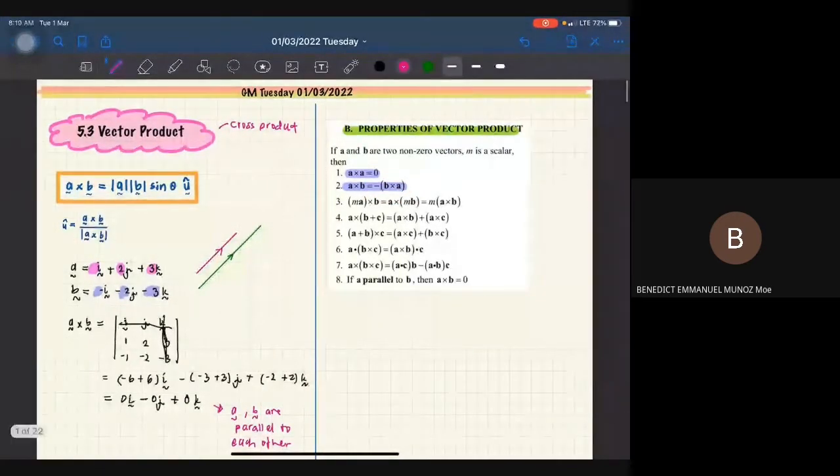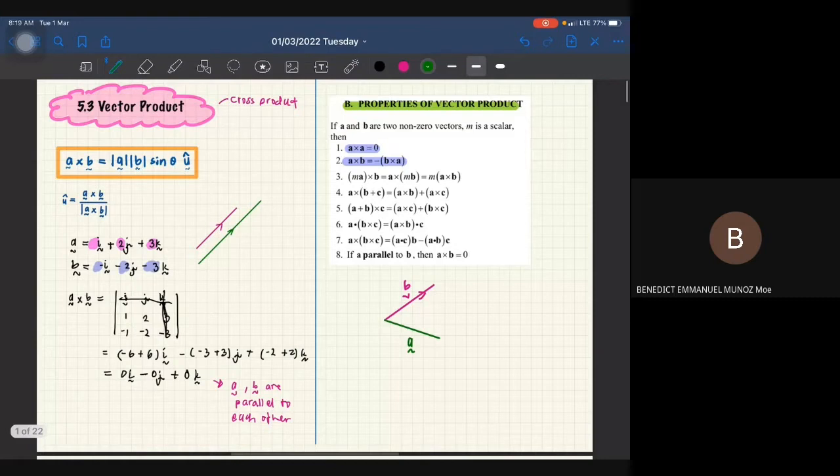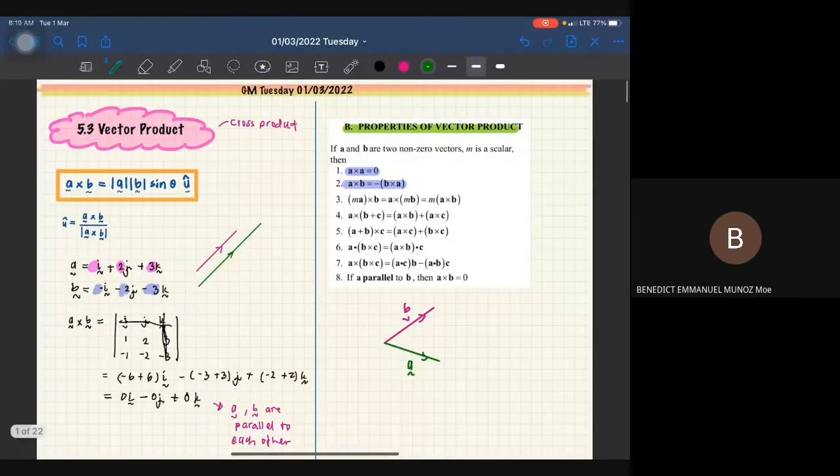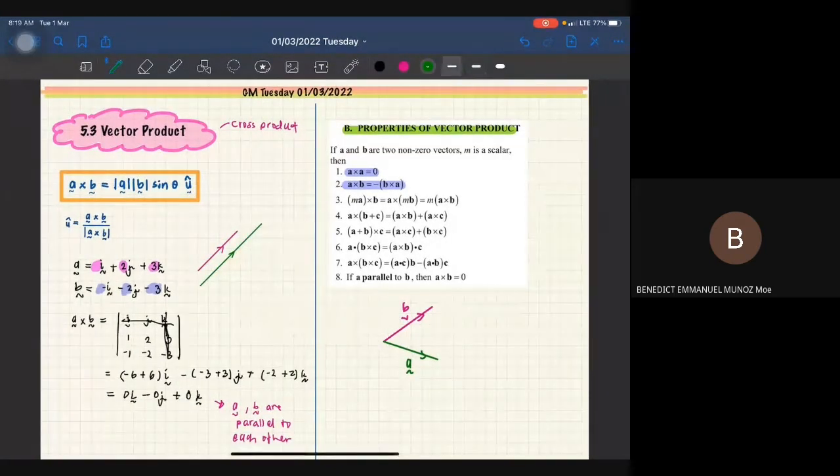Okay, so contohnya kita ada this one. Bawah ni adalah B, atas adalah B. Kalau kita gunakan rule tangan kanan tu, satu vektor akan pergi ke atas, and then another vector dia akan pergi ke bawah.